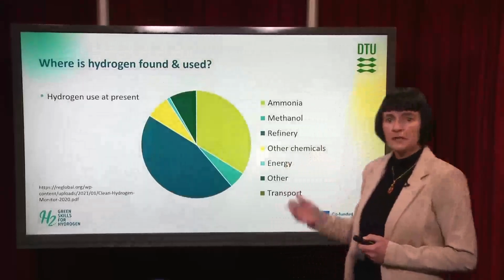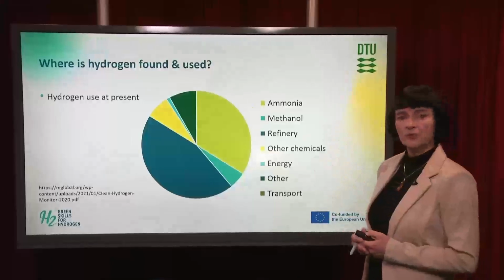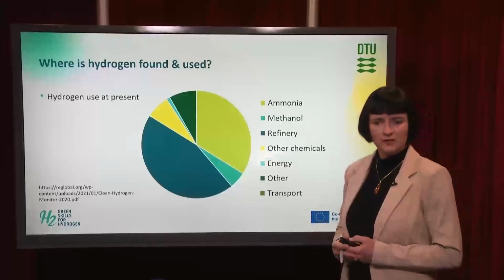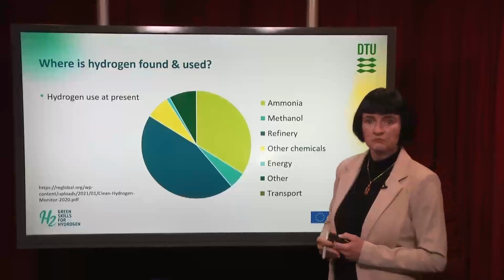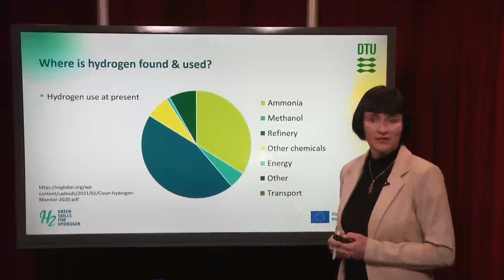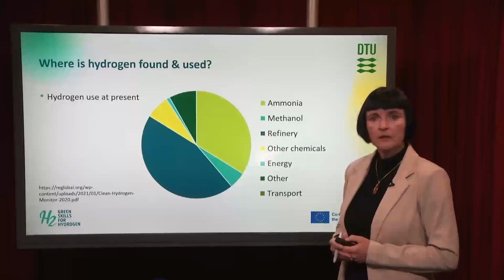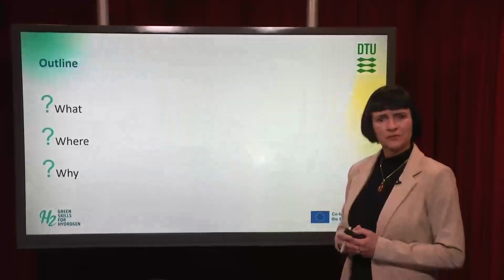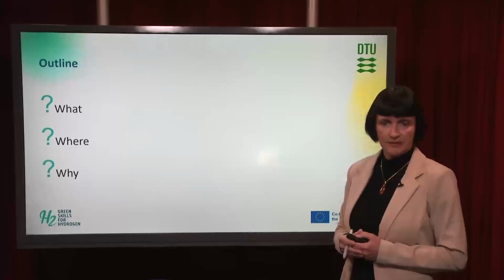Hydrogen use is a big sector for ammonia production and synthetic fertilizers, and that is of course something we have to consider in the future as well when we want to use hydrogen potentially in many other sectors. That leads me to the many other sectors. So why is it so interesting to talk about hydrogen these days?